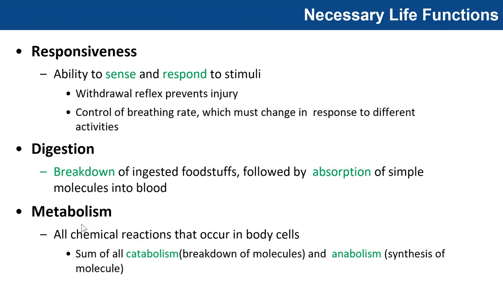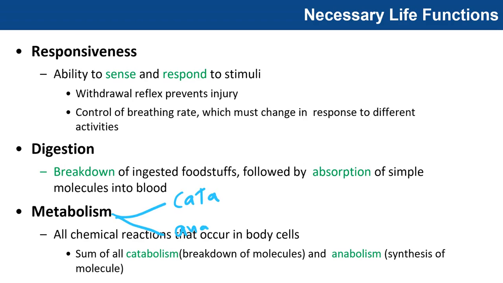Metabolism is a broad term that refers to all chemical reactions that occur within the body and all of its cells. So all chemical reactions that occur in body cells is called metabolism, which is the sum of all catabolism and anabolism. So we're going to divide metabolism into catabolism and anabolism.